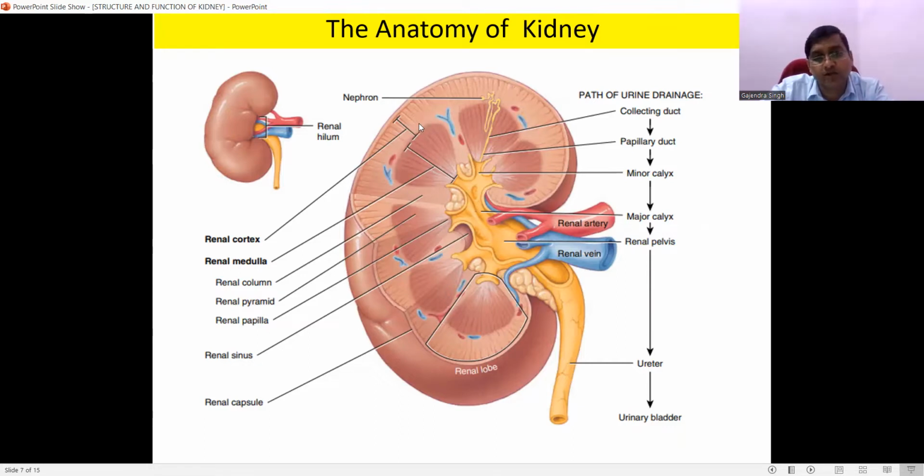The part of the cortex which is near the pyramid is known as juxtamedullary, and the outer portion of the cortex is known as the cortical region. So these are two more regions which we need to understand for some other physiological aspects of the kidney.